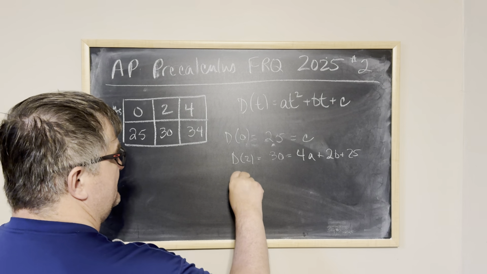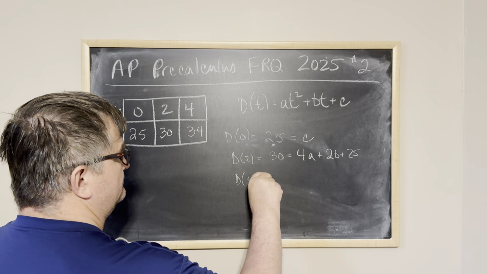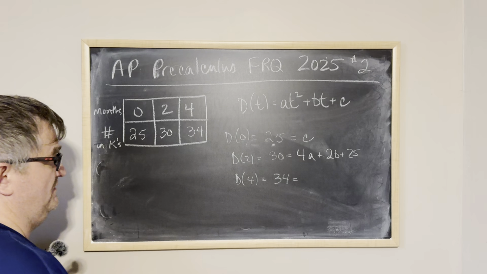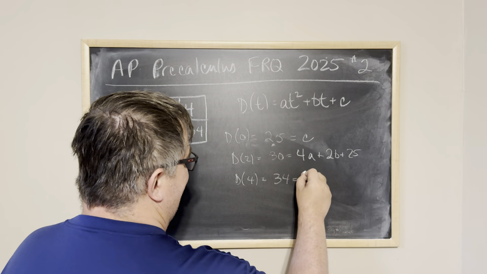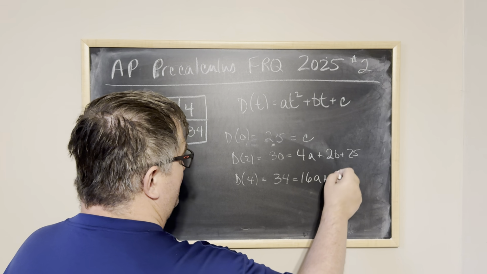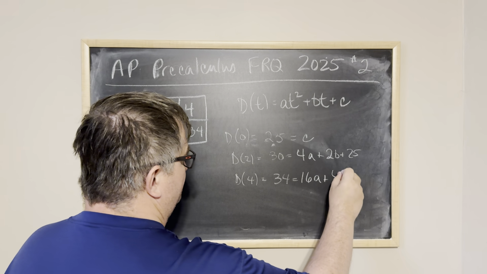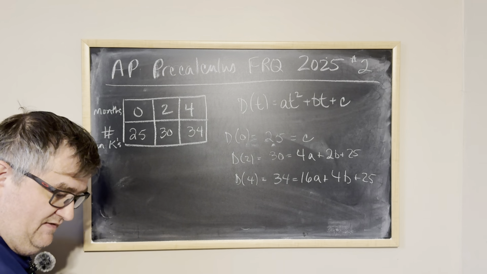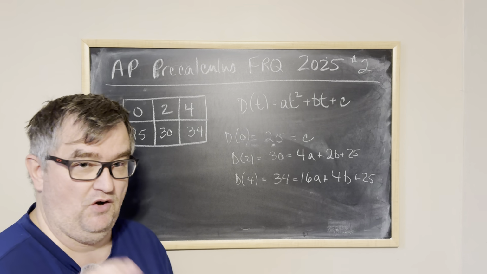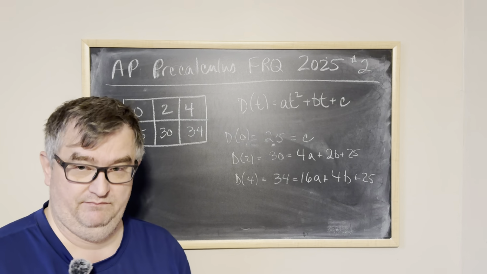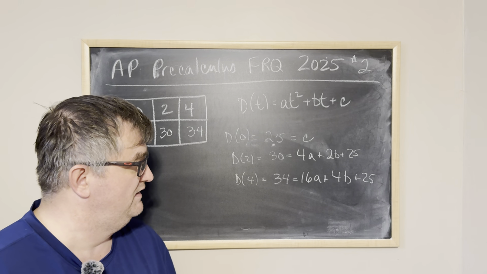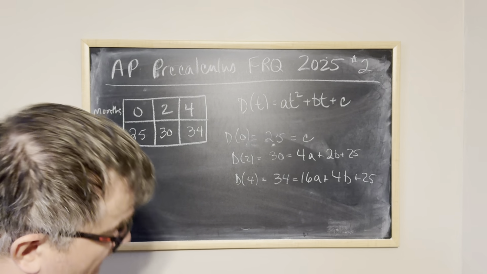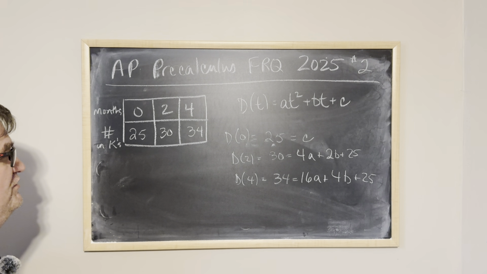And then we're going to do t equals 4. So 4 months, so that's 16A plus 4B plus 25. So there is part 1 of A. That's all they're asking, what are the equations? There it is. There's a point or two there.